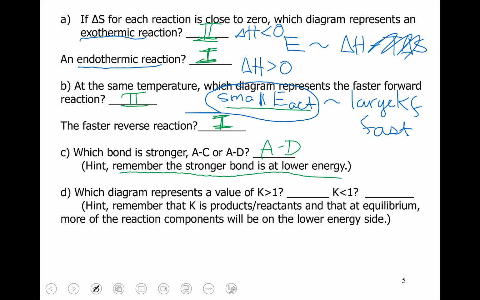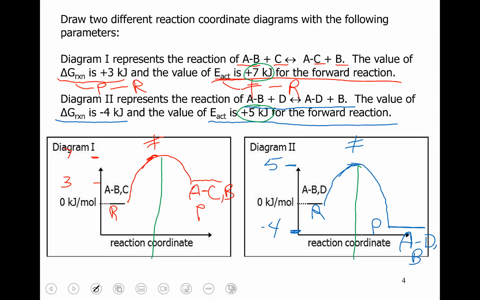Our last question asks, which diagram represents a value of K greater than 1 or a value of K less than 1? Now, remember that the equilibrium constant is products divided by reactants, and that at equilibrium, more of the reaction components will be on the lower energy side. So what you can essentially do with these reaction coordinate diagrams is think of them as an old-style pan balance.